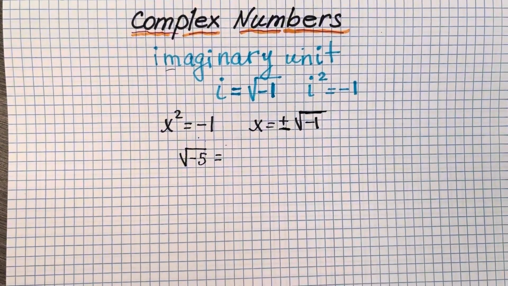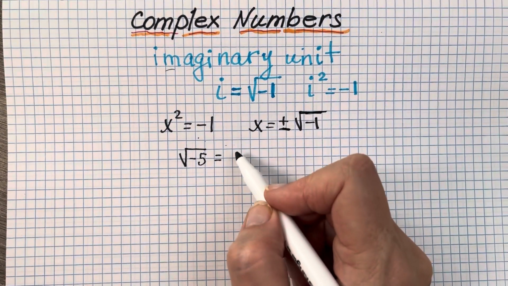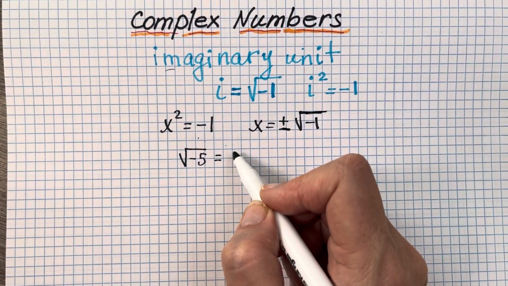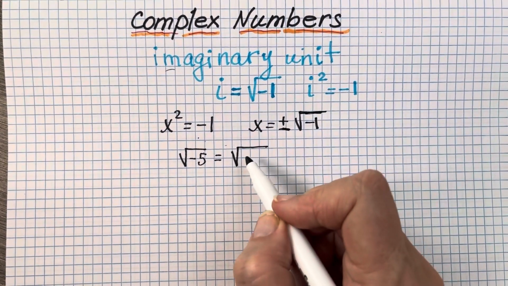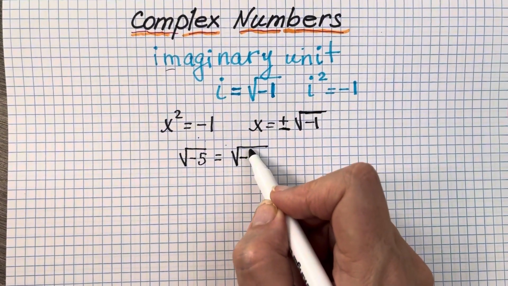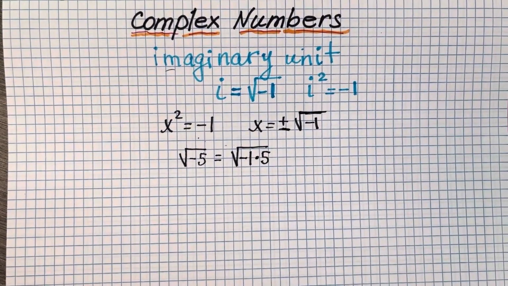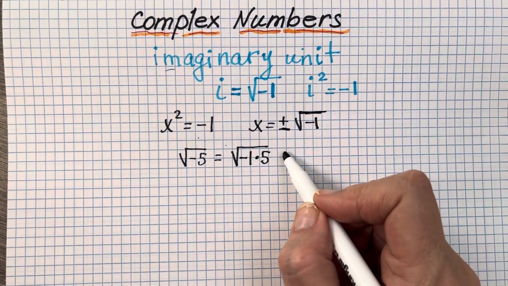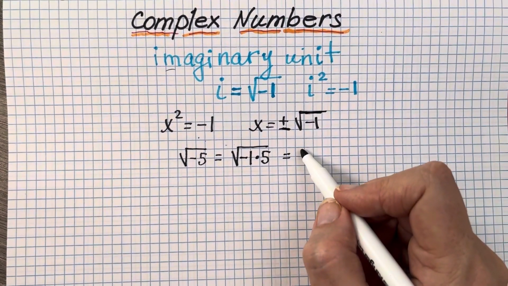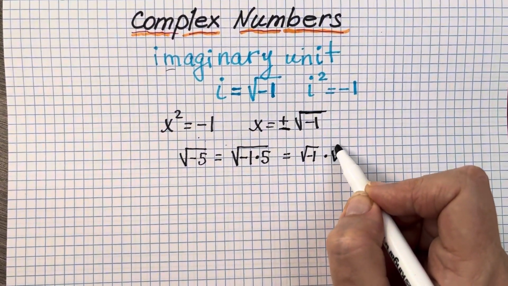So how can I rewrite, for example, the square root of -5? We're going to rewrite this number in terms of the imaginary unit. For doing so, let me recognize that -5 we can break down as -1 times 5.